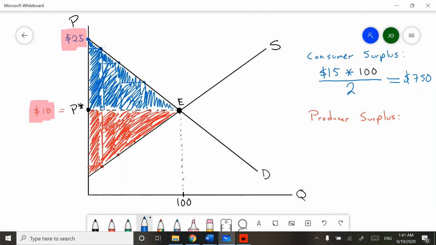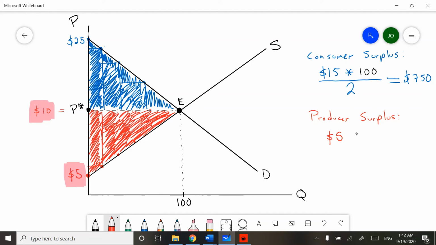We take a similar approach when we're calculating the producer surplus. But now we have to look at the bottom of the graph, which ends right here at this point. Let's pick another simple number. Well, let's just pick a 5. So now my height is represented by the difference between $10 and $5. That is going to be simply $5. Again, 10 minus 5 is 5.